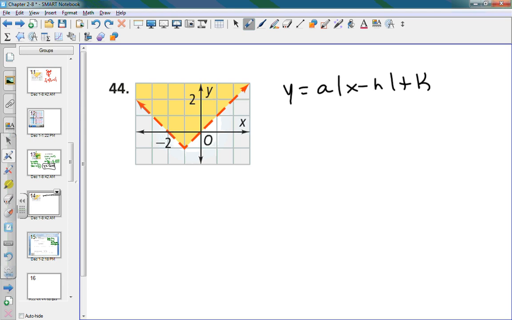Now, h and k is known as what, according to the absolute value equation? The vertex. Don't tell me just the point. I need you to speak mathematically to me. So if h, k is my vertex, what is a vertex?